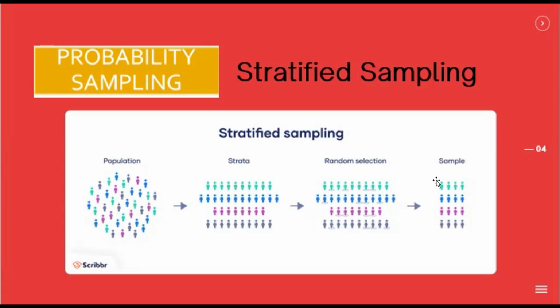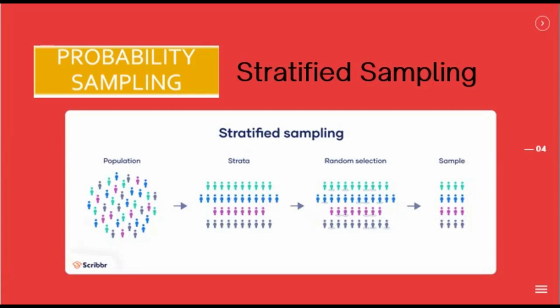For example, when conducting research on the level of education amongst women in a community, one can identify different population groups based on ethnicity, gender, religion, and income level.